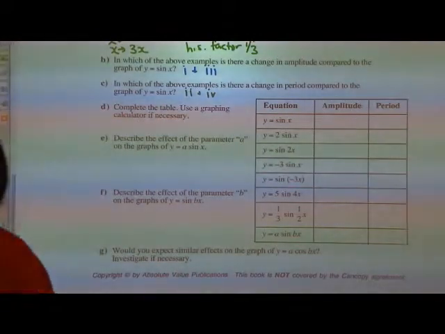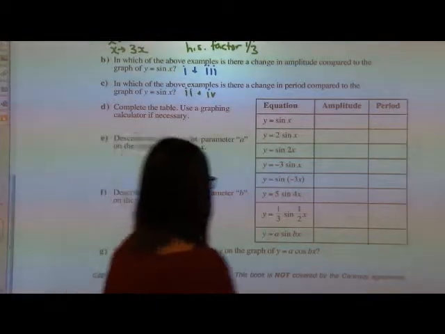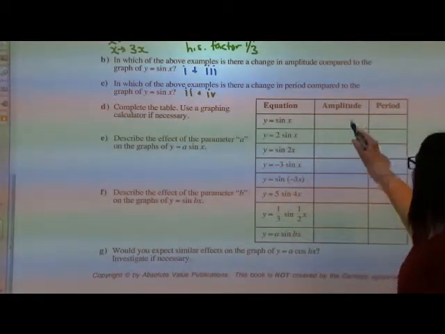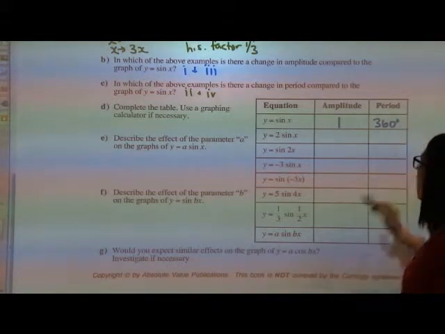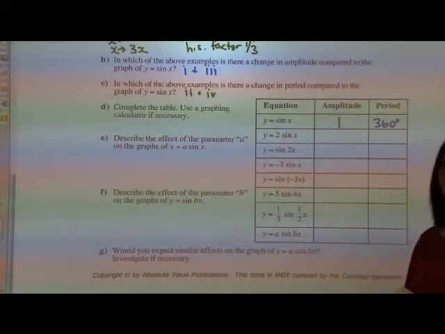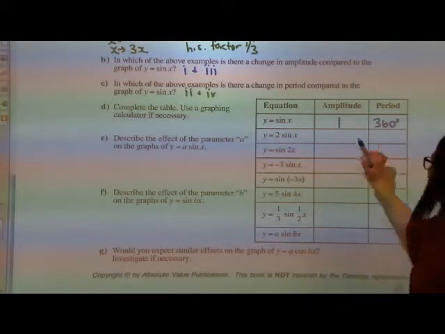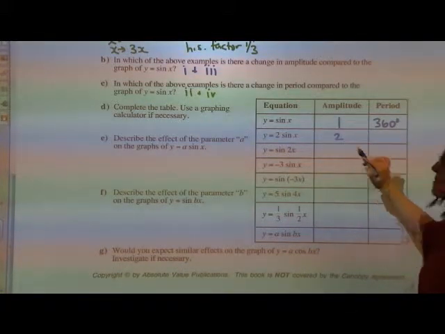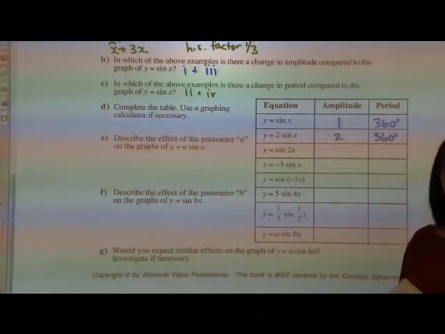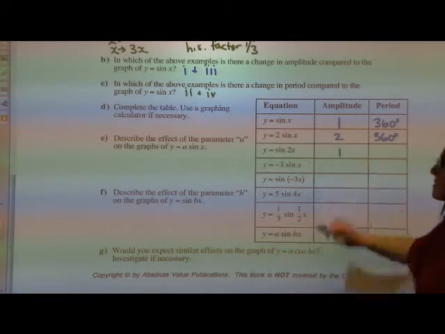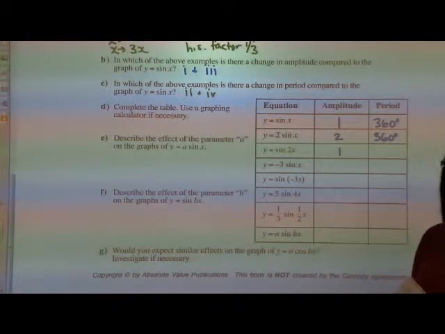Okay, so what is the amplitude of sine x? 1. And the period? 360 degrees. What about 2 sine x? What's the amplitude? 2. The period? 360. What about sine 2x? 1 is the amplitude, and 180 degrees.